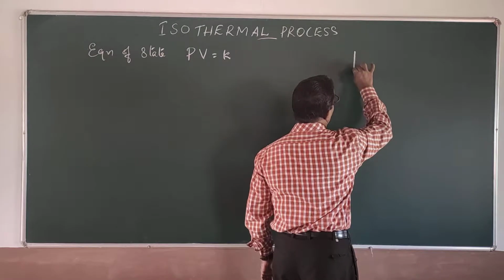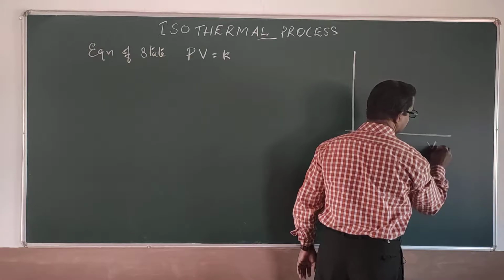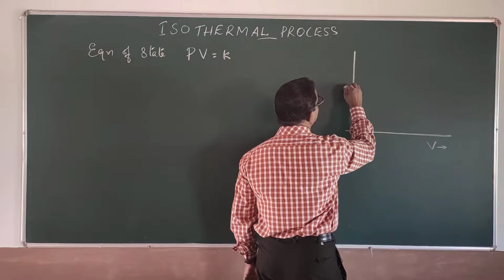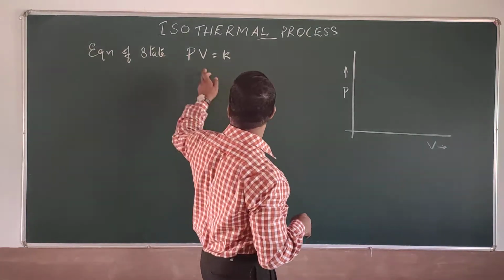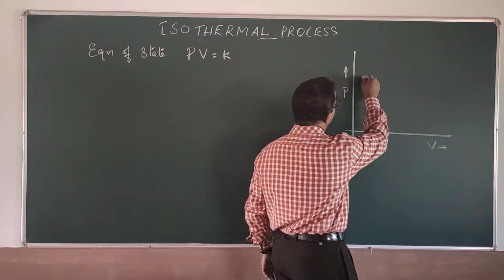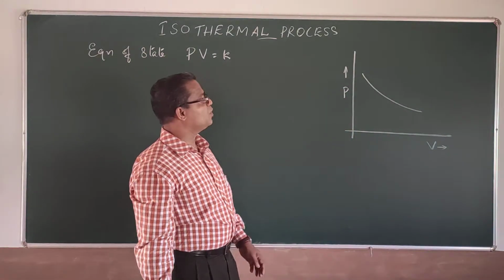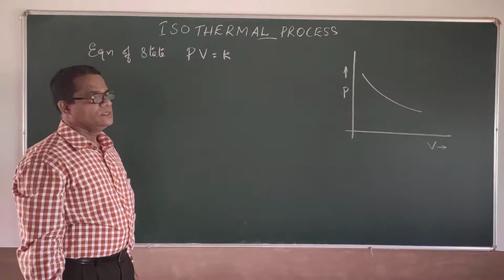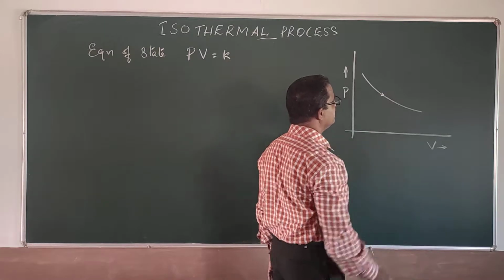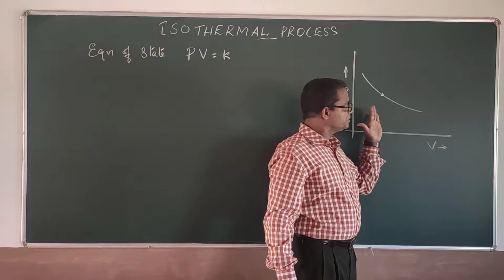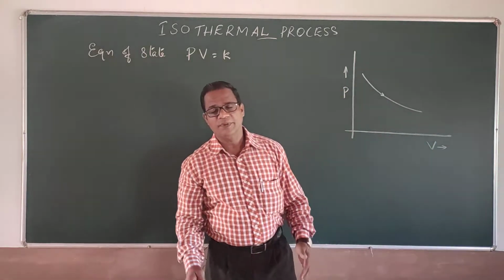Indicator diagram is actually a pressure-volume diagram, with volume taken along the x-axis and pressure along the y-axis. According to this equation, the indicator diagram will be hyperbolic in shape. If I put an arrow like this, then it shows an isothermal expansion. If the arrow is the other way around, then it must be an isothermal compression.